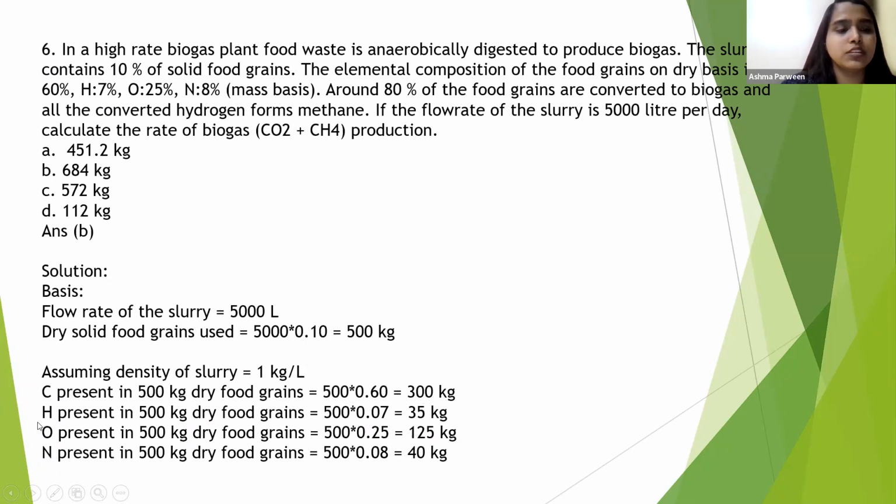The hydrogen percentage is 7%, so hydrogen present in 500 kg dry food grains will be 500 into 0.07, that is 35 kg. Similarly, we will find out the amount of oxygen in the dry food grains, that will be 125 kg, and nitrogen is 5%. So 500 into 5% will give us the amount of nitrogen present in 500 kg dry food grains.